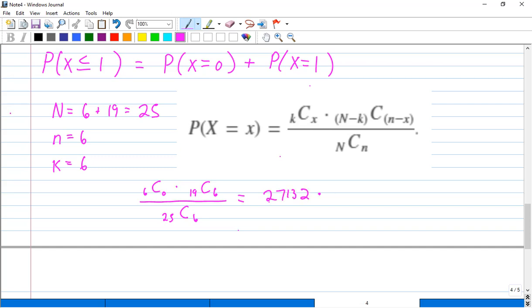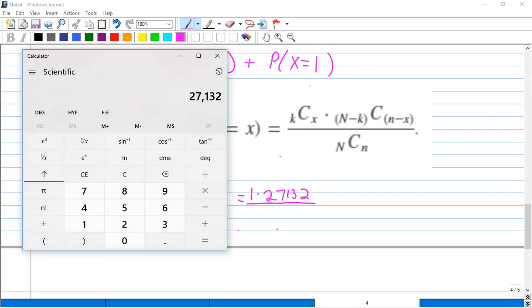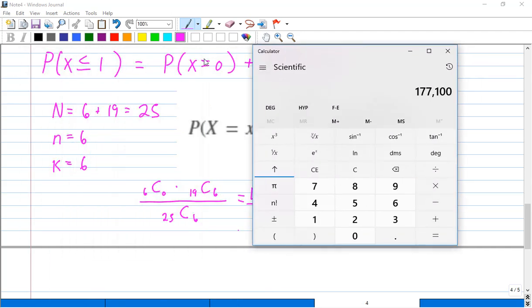Sorry, we figured out the other one was 1. So it's 1 times 27,132 divided by 25 factorial divided by 19 factorial divided by 6 factorial. So 177,100.